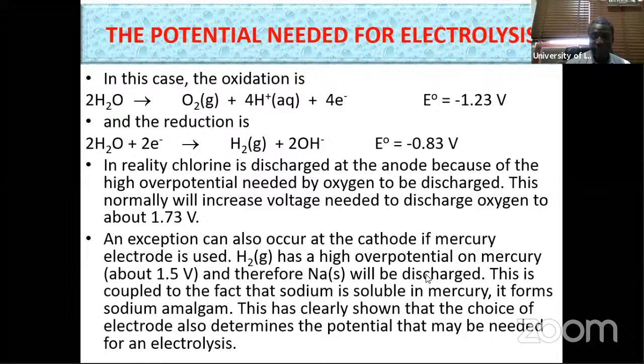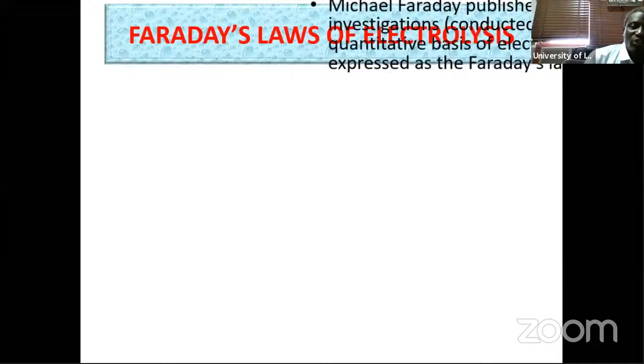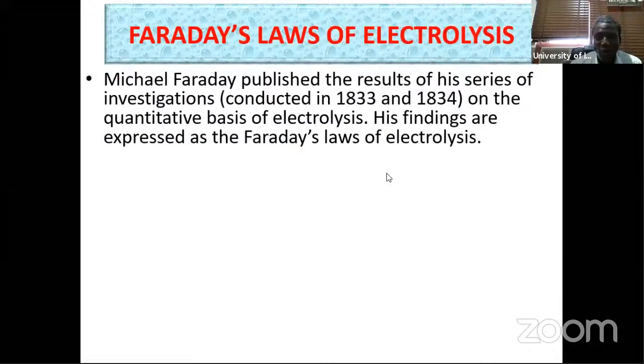But if you don't use mercury, then you don't have that problem. So the choice of what is discharged and what is not discharged, I've told you now, depends on the electrode potential, and it also depends on the type of electrode you have used, because that may create some overpotential caused by the fact that there is polarization.